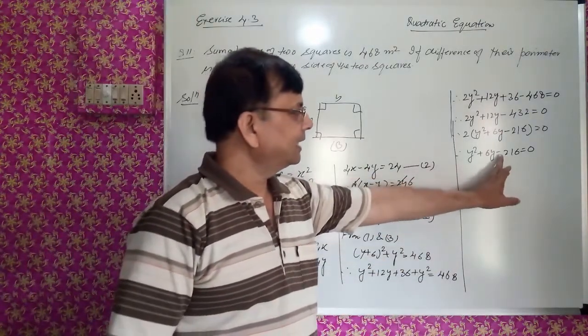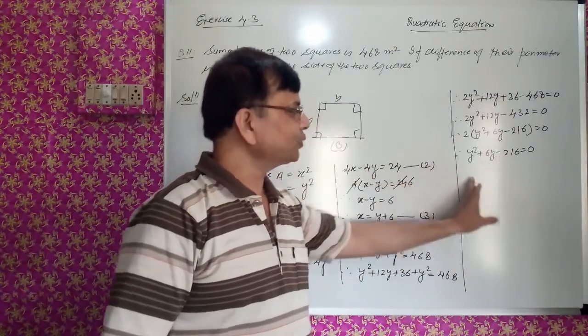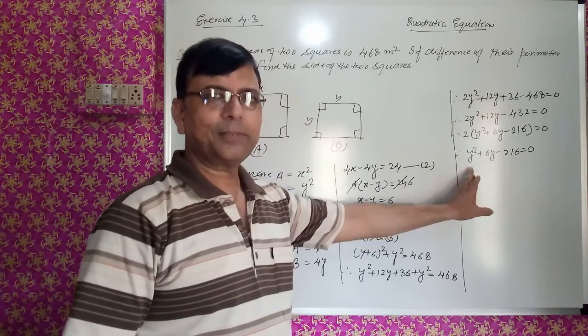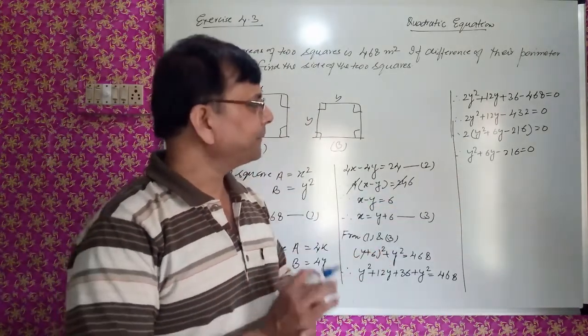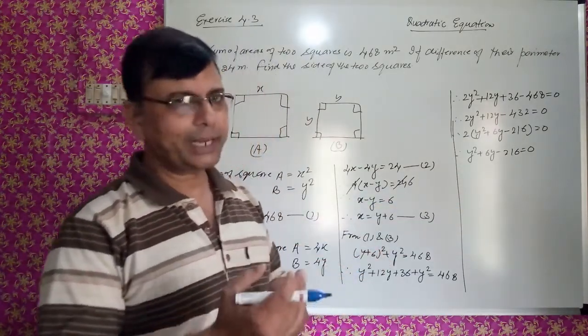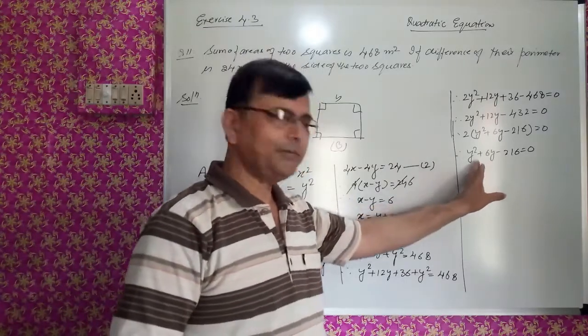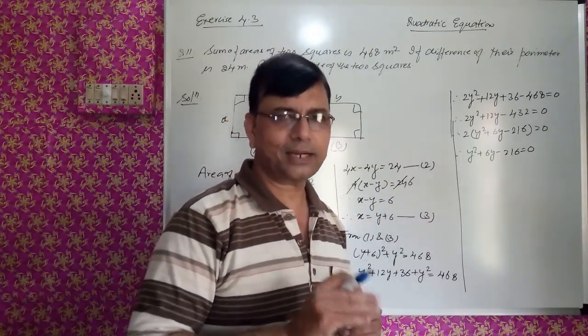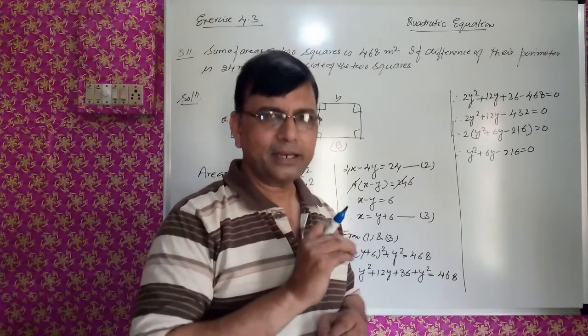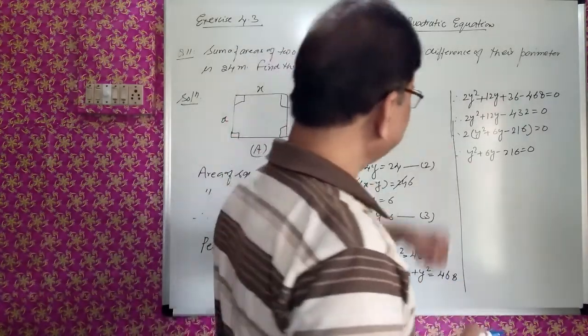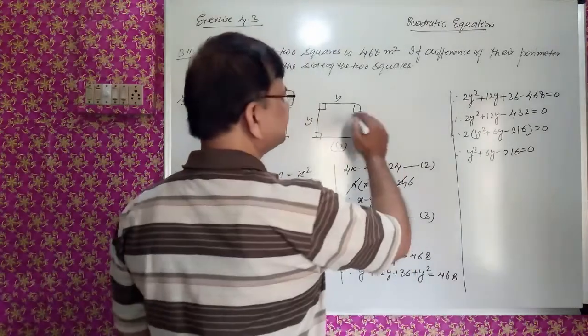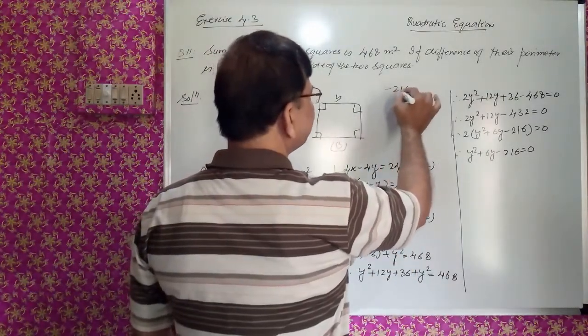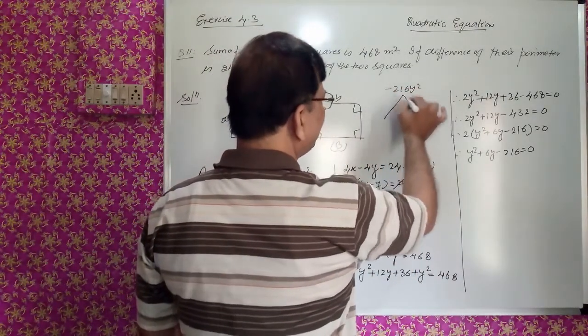Factorize minus 216y squared: the factors will be one positive and one negative. Since the sum is positive, the bigger number will be positive and the smaller number will be negative.